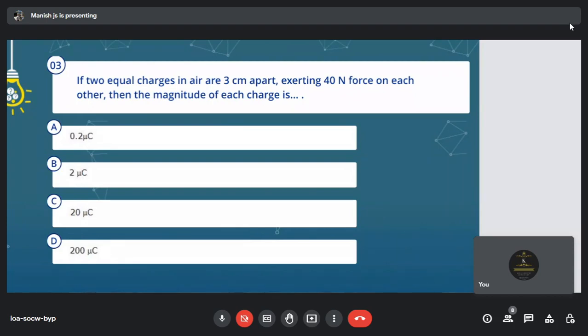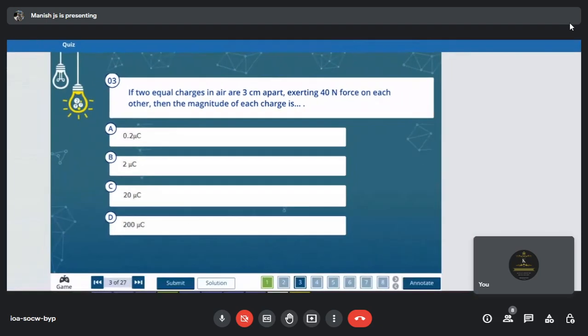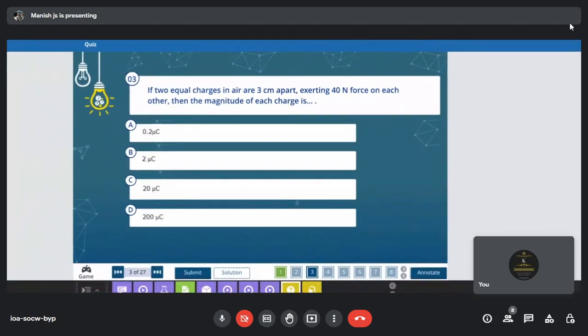Yes, what is the answer? Anybody? So do you know how to solve it, or do you want me to show how it needs to be done? 0.2 microcoulomb. Okay, let's check. No, that's wrong.